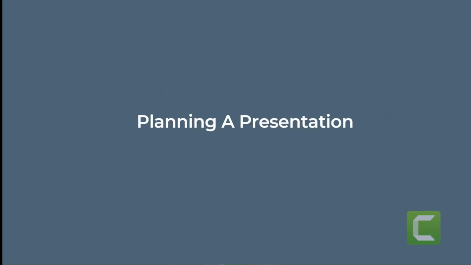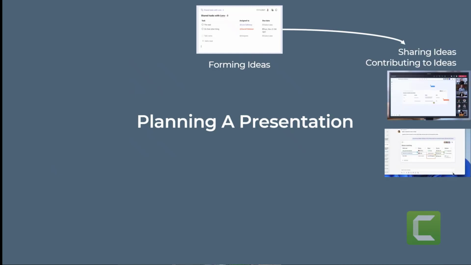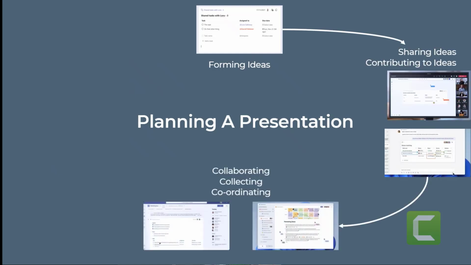So in the scenario of planning a presentation or perhaps an event, we form those ideas, we share them together, work on them and get people to contribute. We're trying to pull together a team to make this the best presentation possible. Maybe it's the keynote for Ignite or something like that.